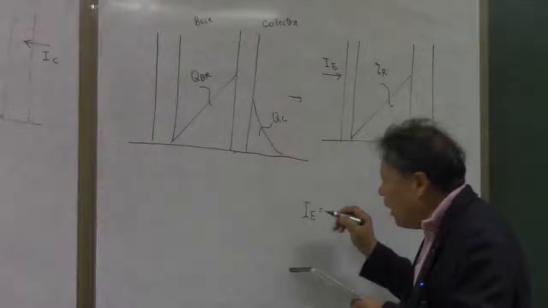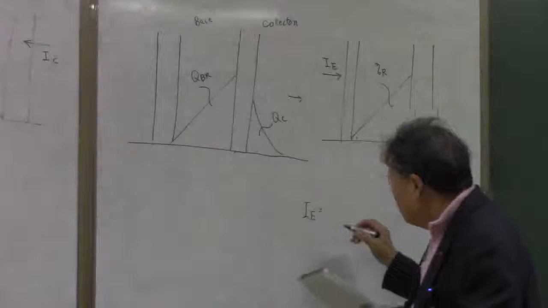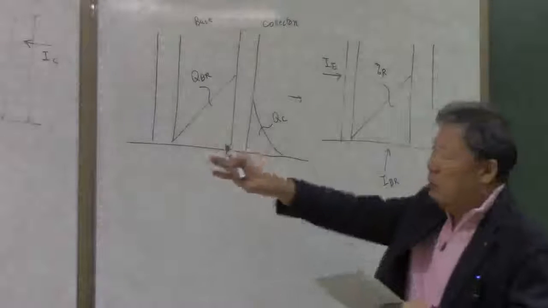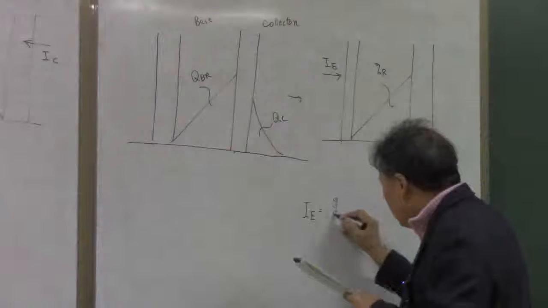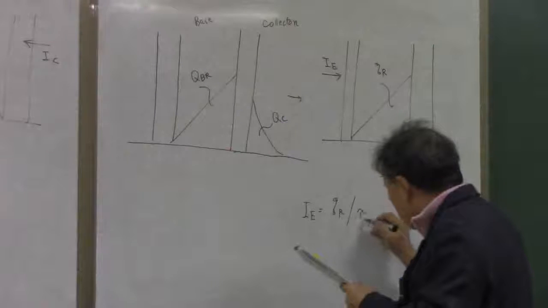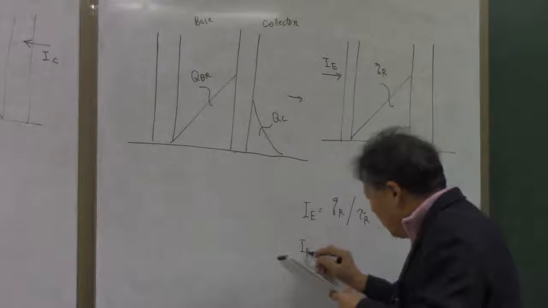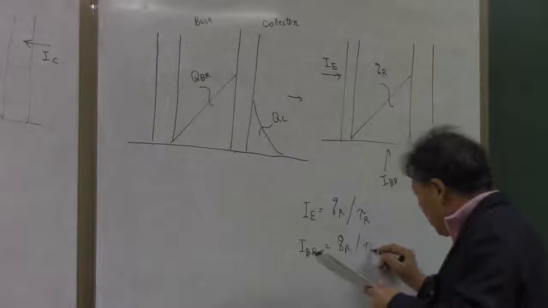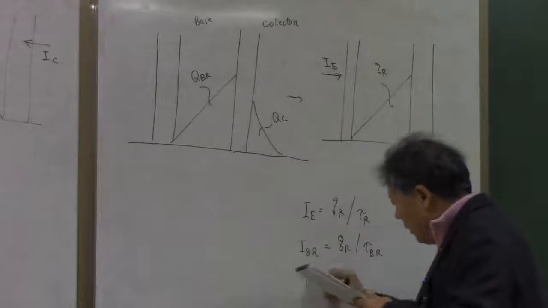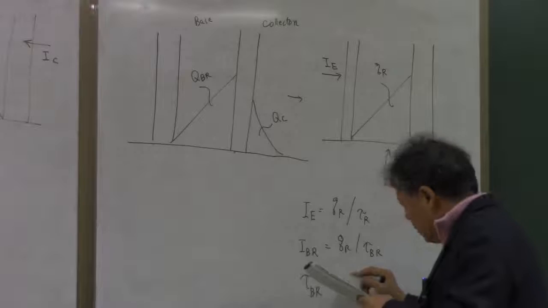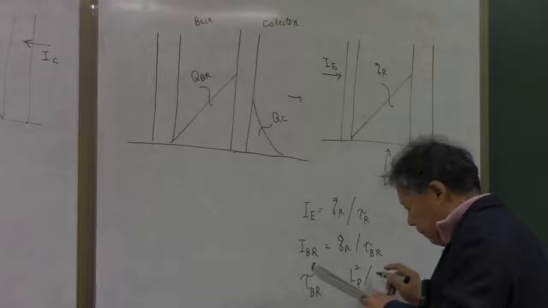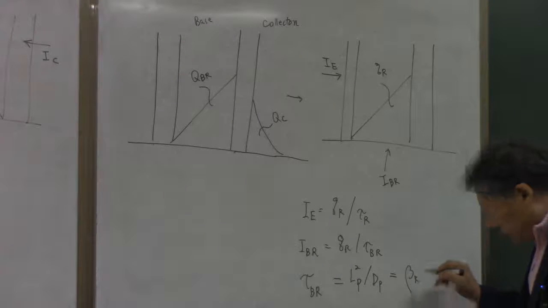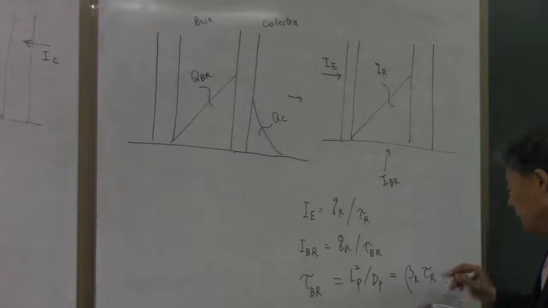And then if you do the same thing, just similar to the ways that we have developed for the emitter and base, we end up with an equation something like this: IBR now is QR over tau BR, and tau BR is going to be LP square over DP, and then that is beta R tau R.